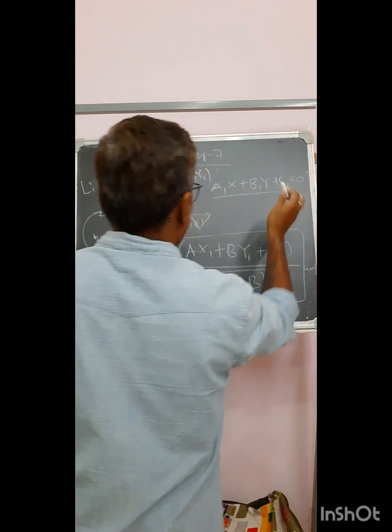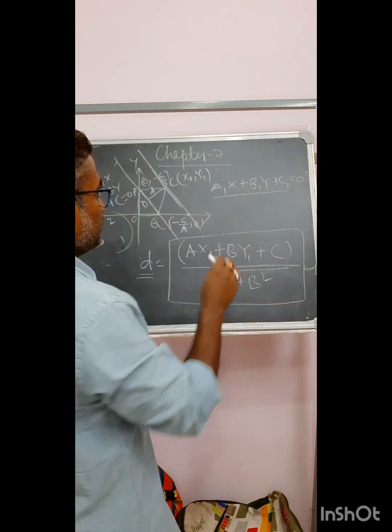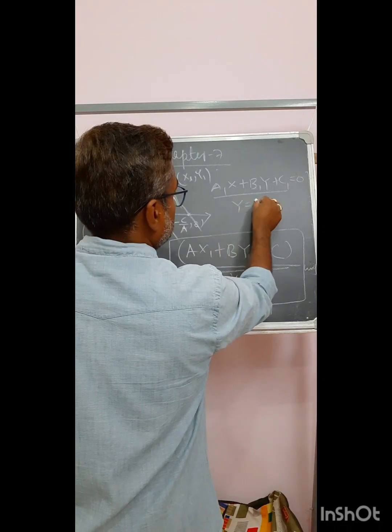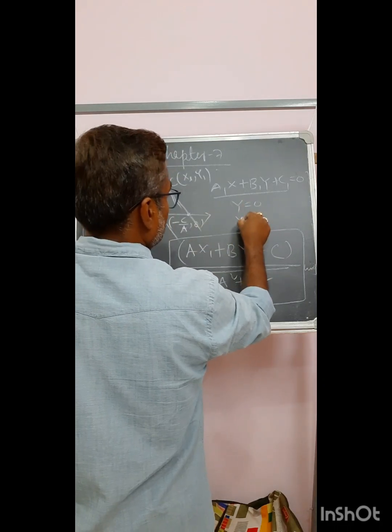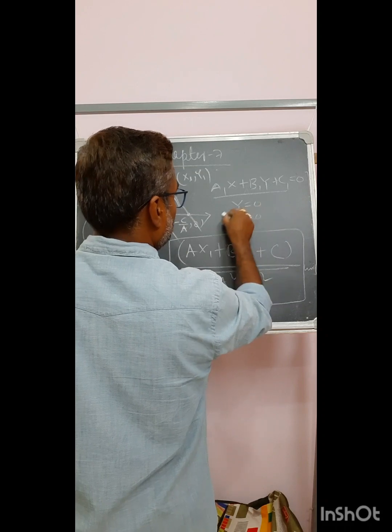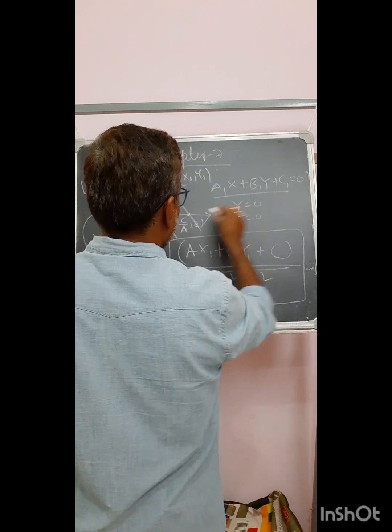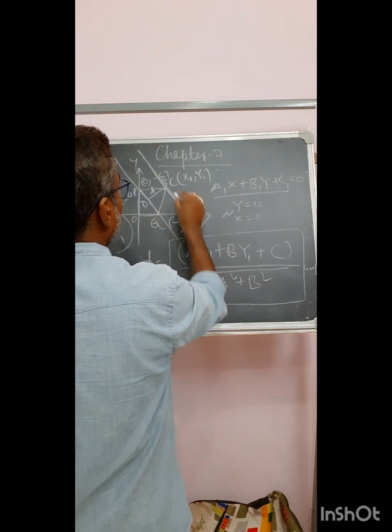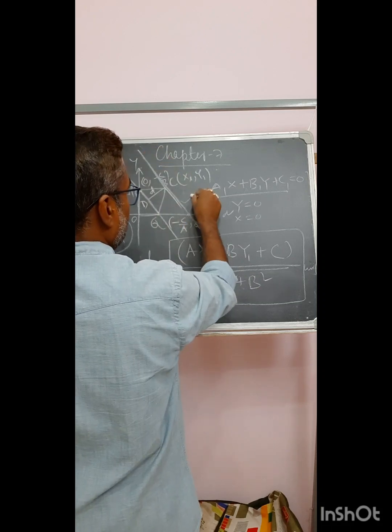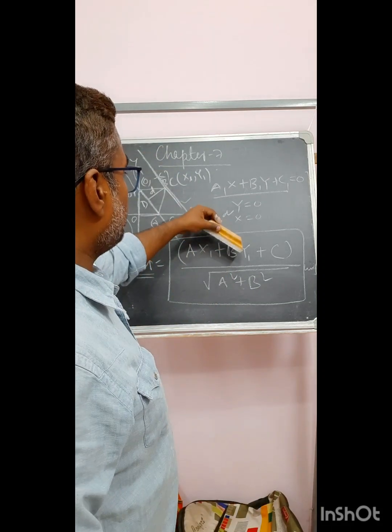Now this is the one confirmed point that I will get, where y is 0 or x is 0. By putting y is 0 or x is 0, you will get some other coordinates. That means the point lying on the x and y axis, that line will pass through. So this is the one point.